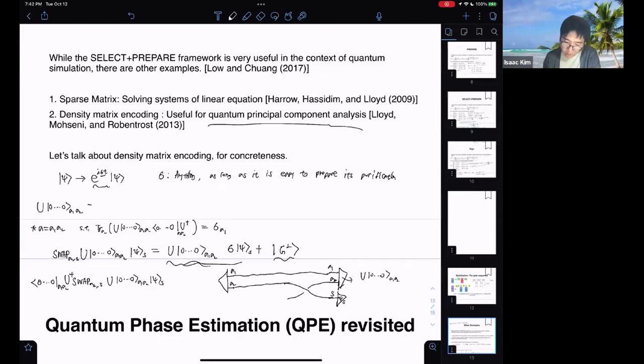If you rearrange the diagram, then this turns out to be actually equal to sigma applied to psi. Okay. The basic point is that if you look at this part enclosed in this region, this is basically just a density matrix.